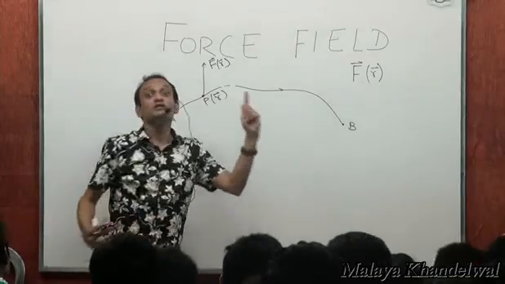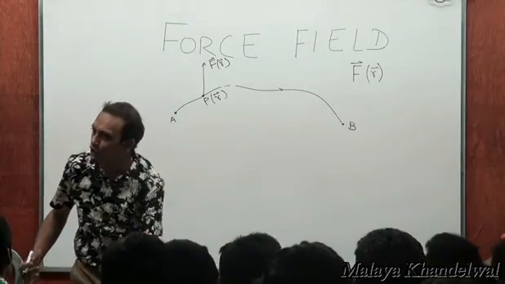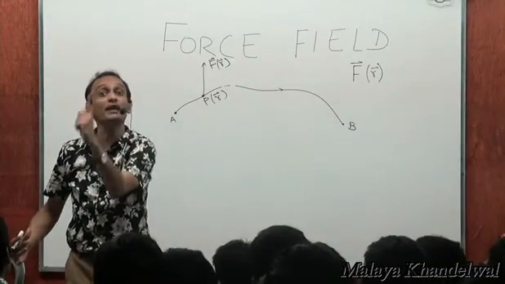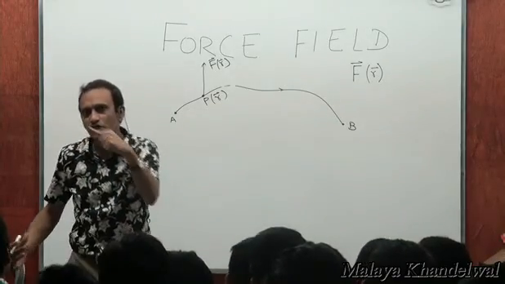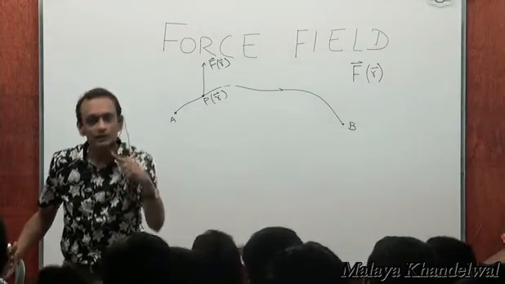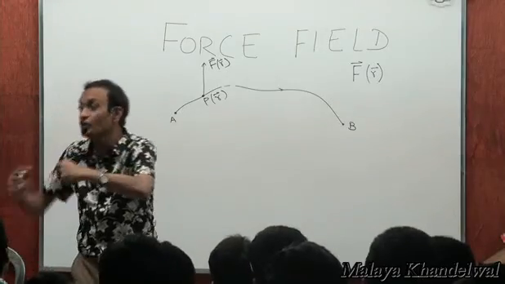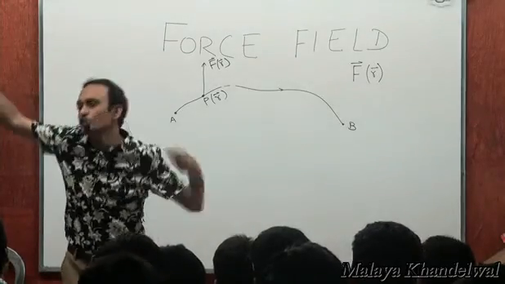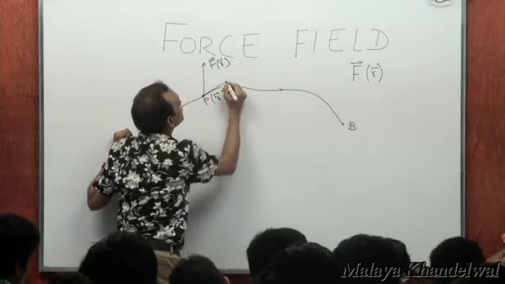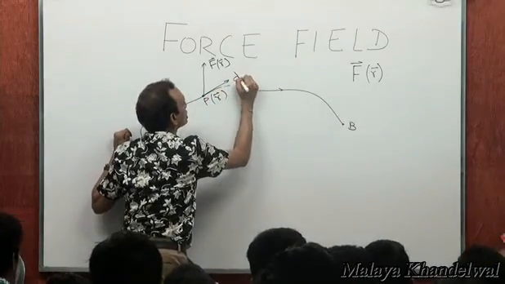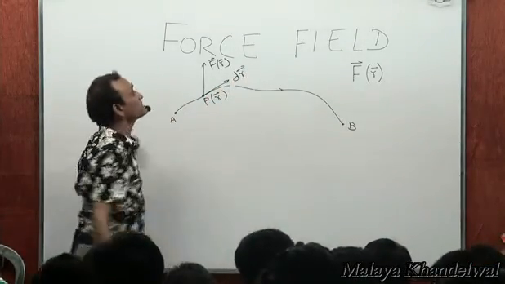Now, to go to its mathematically neighboring point on the curve, it must undergo a change in R. The change in R is dr, an infinitesimally small change in R, which is also along the tangent to the curve at P, right? The dr, the change in R, is this.